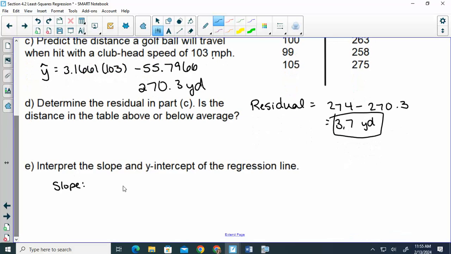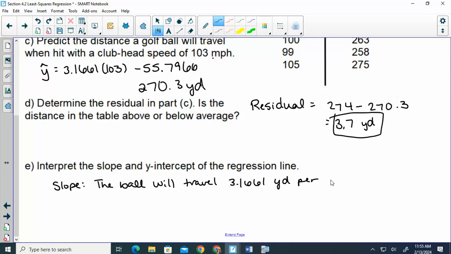So it is saying that the ball will travel 3.1661 yards per mile per hour. So if you hit it 1 mile per hour faster, it would travel an additional 3.1661 yards.